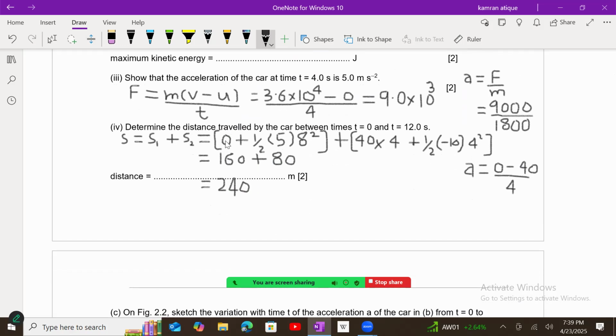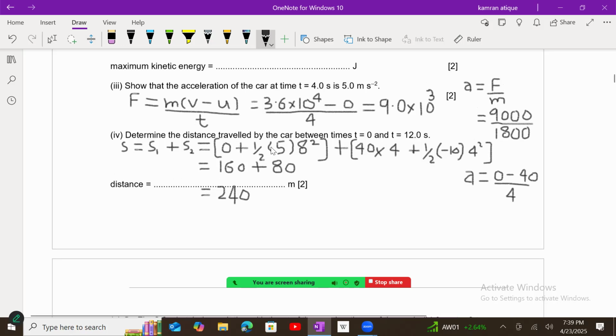So 0 plus half at square, as we have just proved. During the first 4 seconds, the value of acceleration was equal to 5. And as the speed was increasing uniformly, it was the case of uniform acceleration.